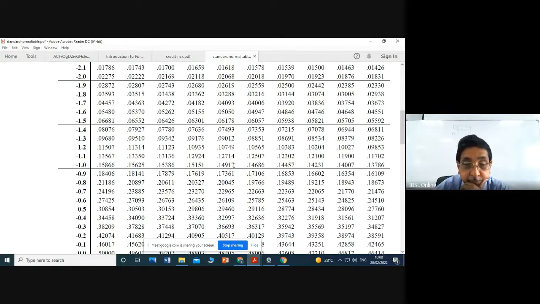So you have 0.14917 here, right? 0.149 is here, but we need to get 0.15.